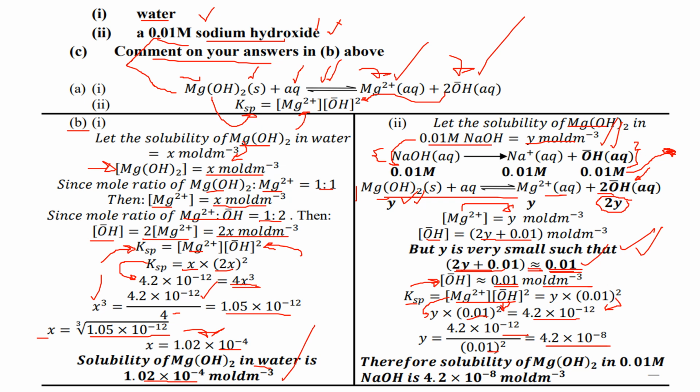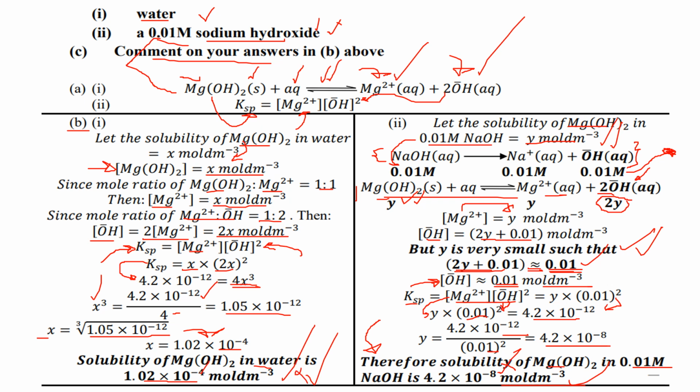And therefore, the conclusion for calculation number 2 is that the solubility of magnesium hydroxide in 0.01 molar sodium hydroxide is 4.2 times 10 to the negative 8 moles per decimeter cubed. Now part C requires us to compare this one and this one. Since this is negative 8 and this is negative 4, we expect this one to be very small compared to that.